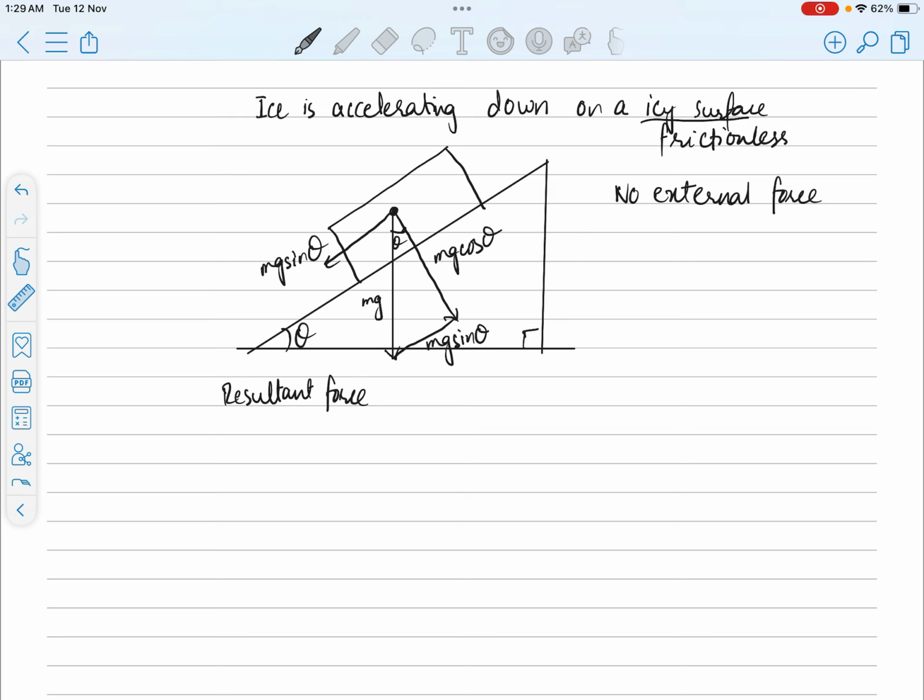So we know that resultant force equals mass times acceleration. First of all we have to understand what the resultant force is. If it's a cart which has a mass of 10 kilogram, it is accelerating forward with 500 newton, backward 300 newton, so the resultant force is 200 newton.